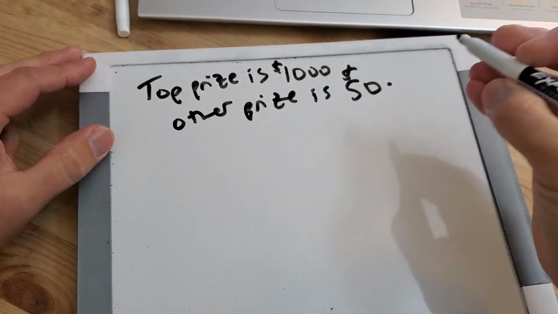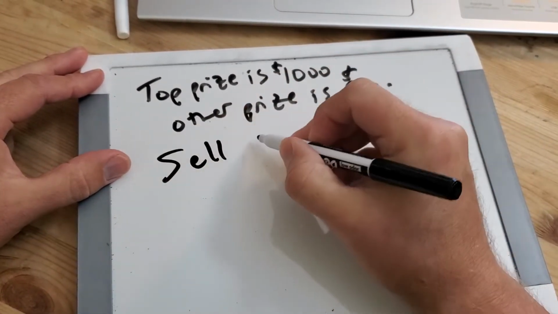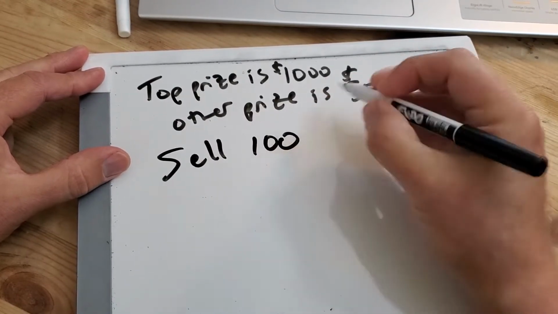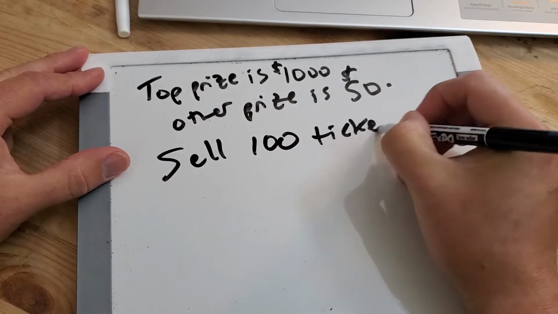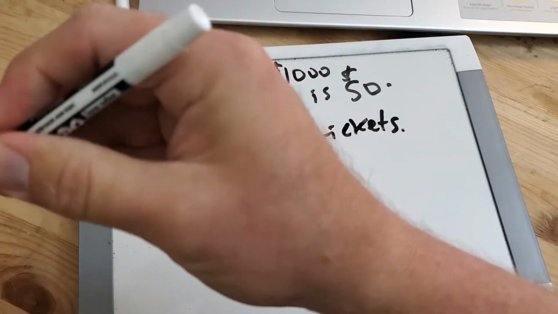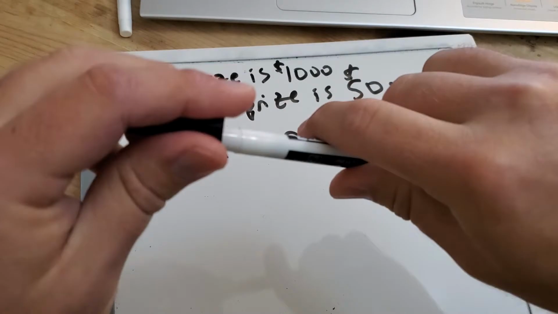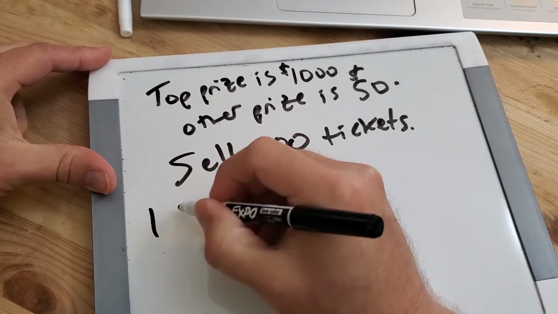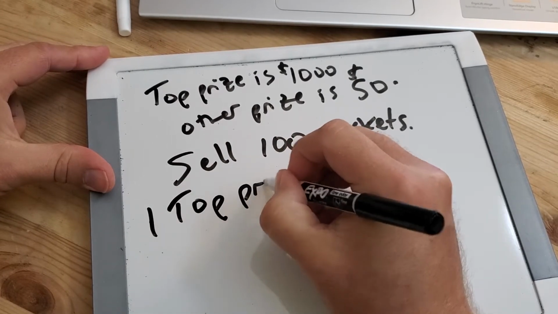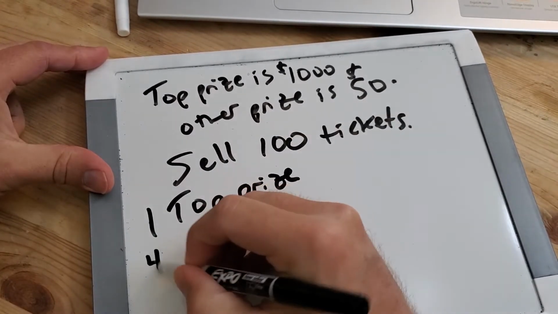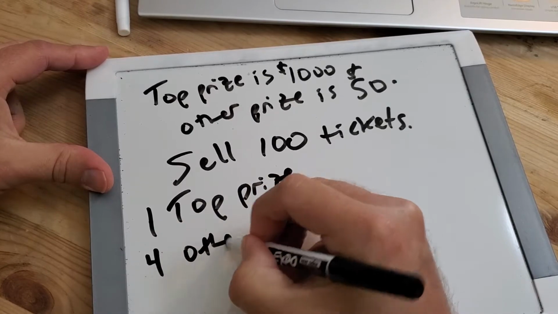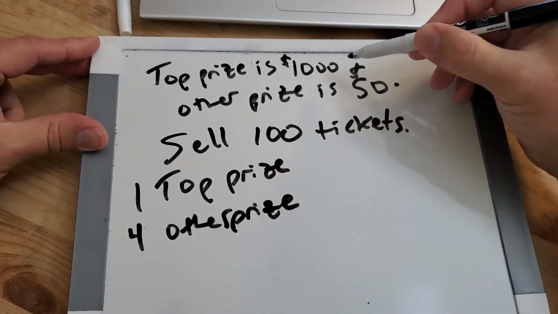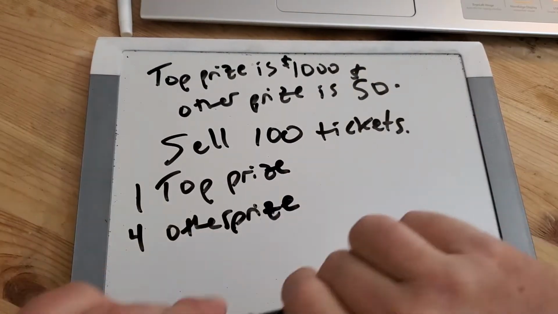And let's say that they sell 100 tickets, and let's say that there's one top prize winner ticket, and there's 4 other prize tickets. So there's one way to get $1,000, and there's 4 ways to get 50.